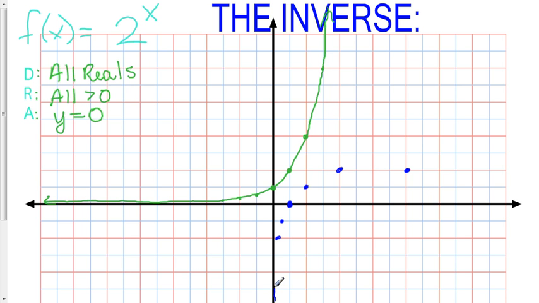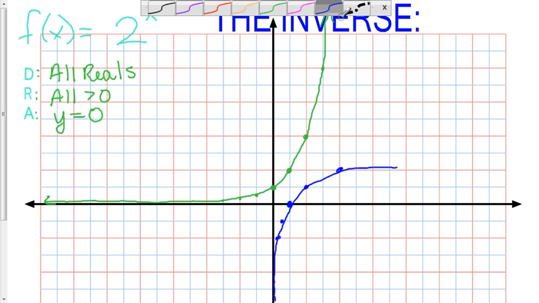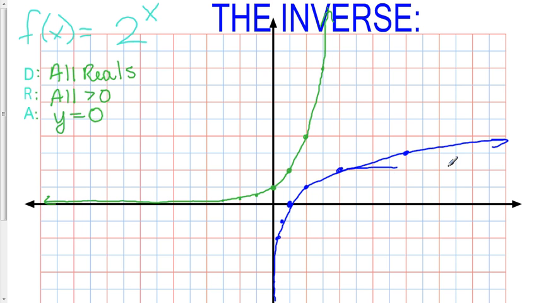And so it's going to run along the y-axis until it curves and goes over. Let's put this one in the right place first. And continue on in that direction.